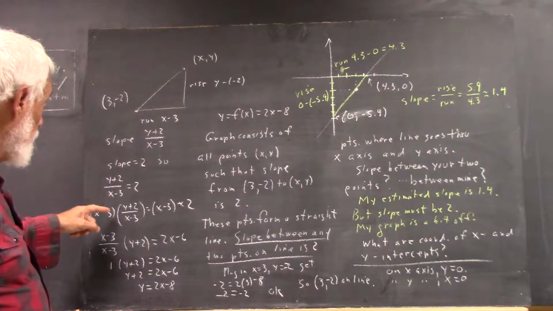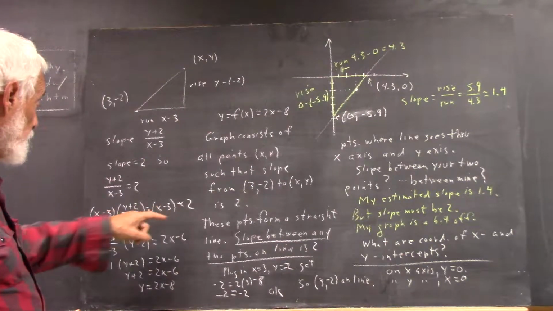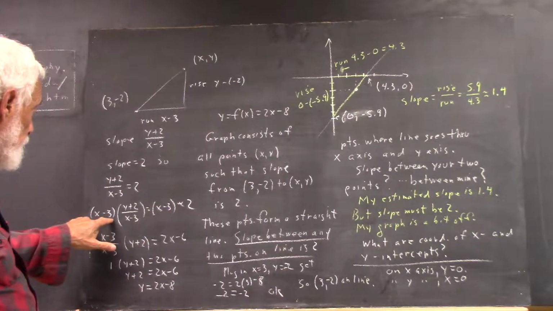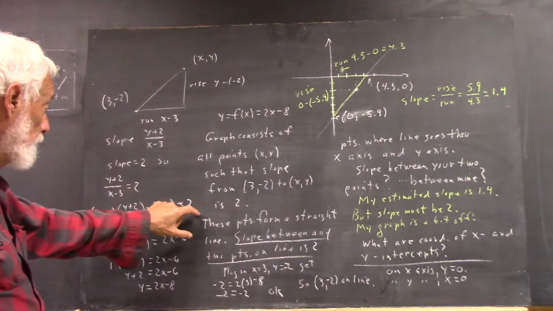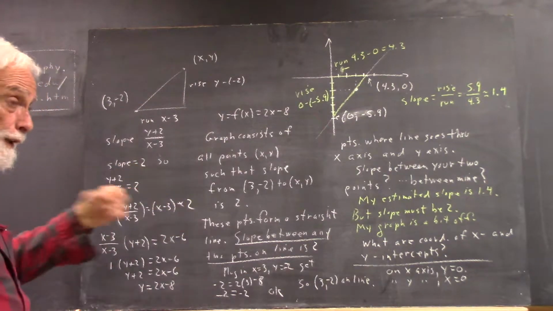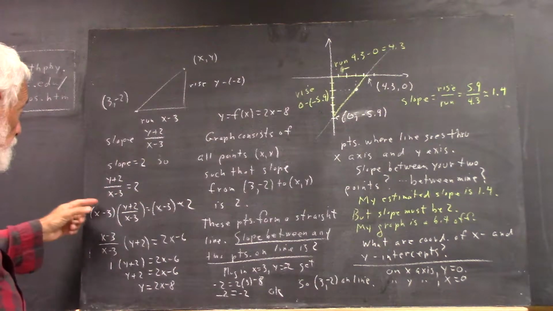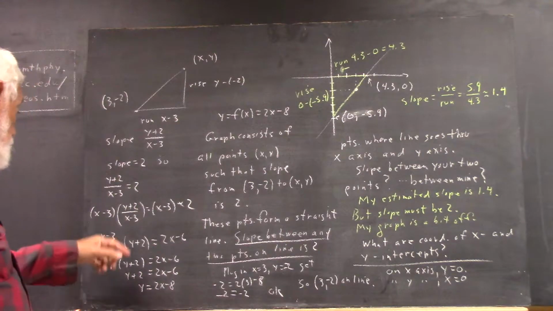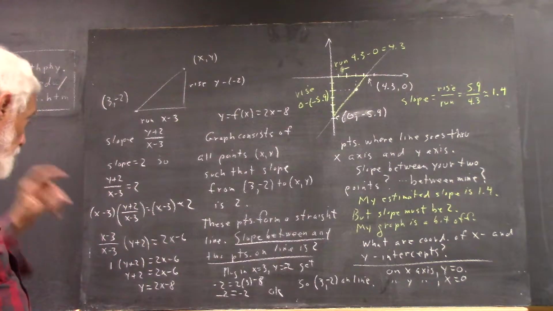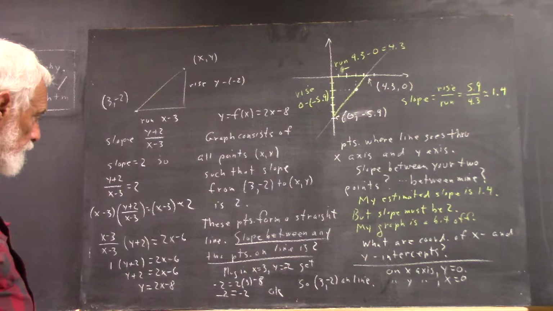So we multiply both sides by x minus 3, as we've done here: x minus 3 in front of this quantity, and x minus 3 in front of the other quantity. We can rearrange this side with (x - 3) over (x - 3), multiplied by y plus 2, and on the other side we used the distributive law.